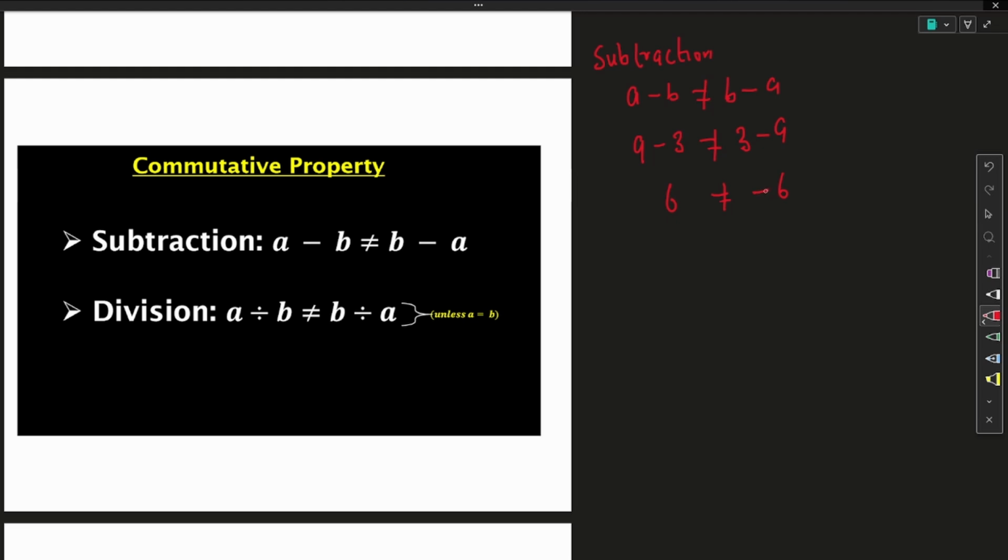So subtraction does not follow the commutative property.